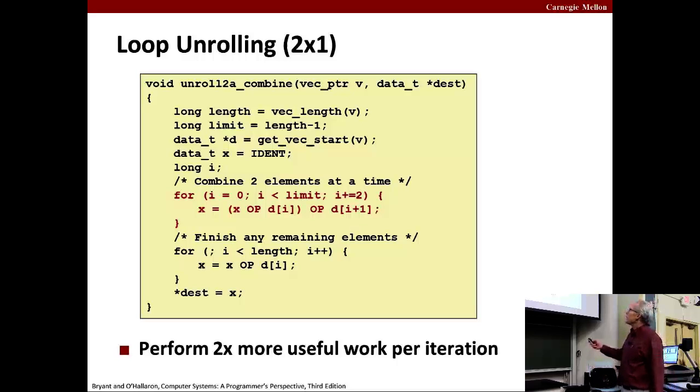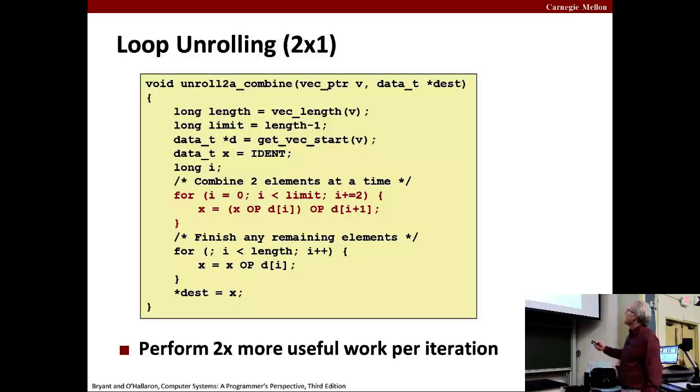I'm going to step through this array 2 elements at a time, and within each iteration of the inner loop, I'm going to combine the values from d[i] and d[i+1]. I have to put in some extra code to finish off what happens if the original array was of odd length, but you get the idea. I showed this code for 2, but you could imagine this applying for different values of loop unrolling.